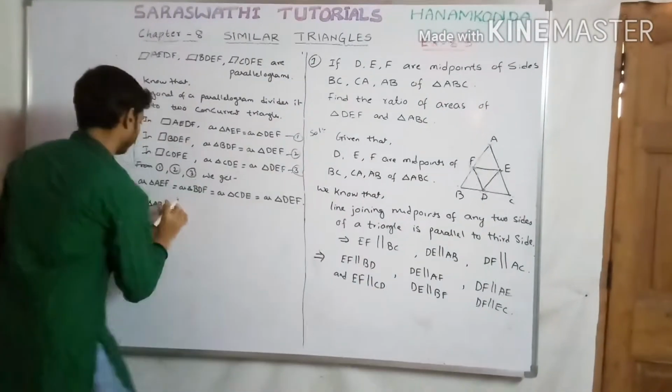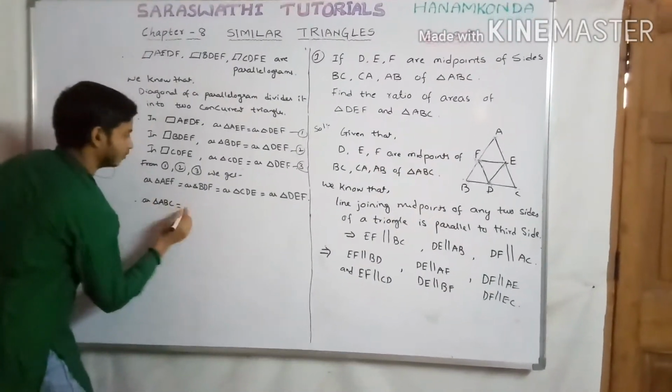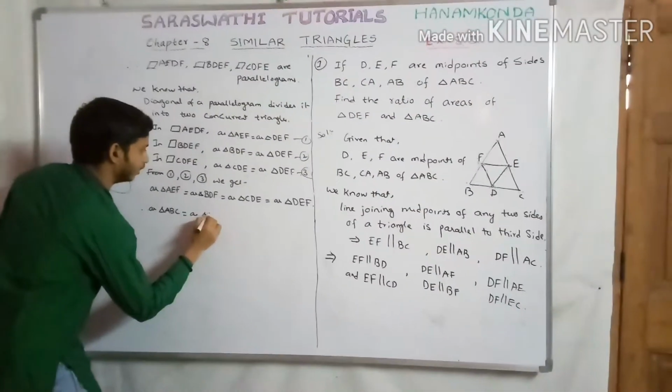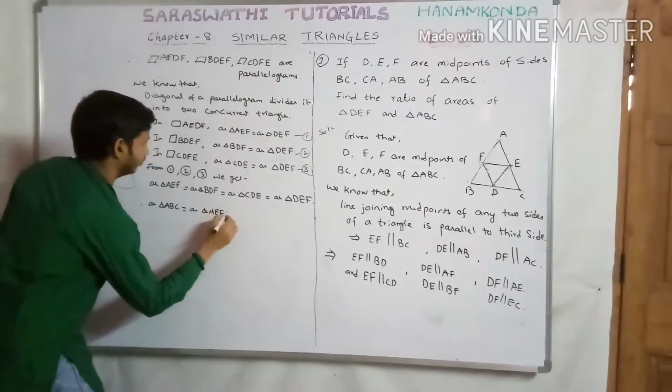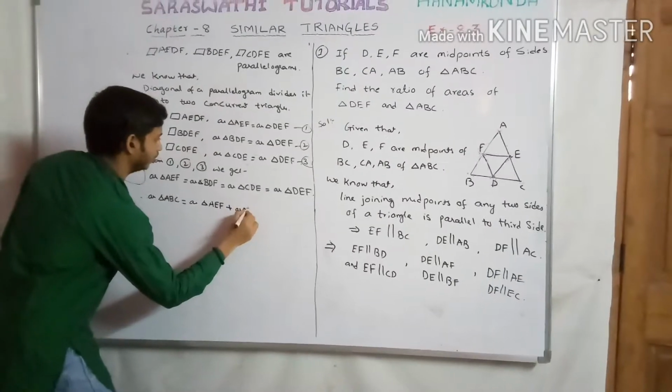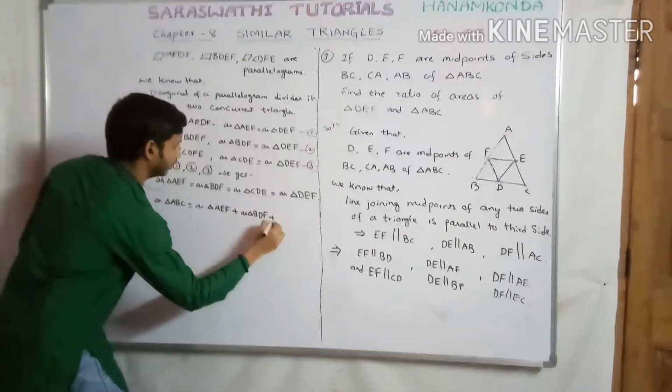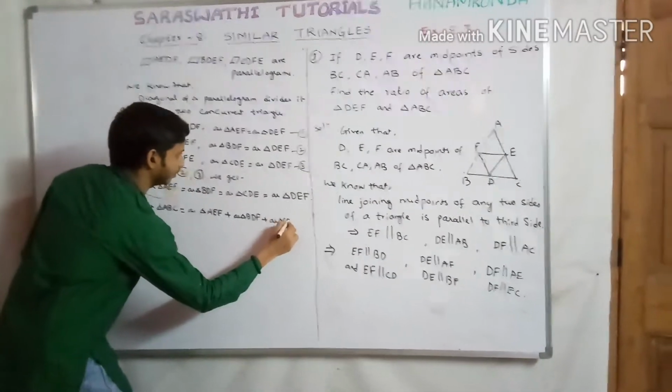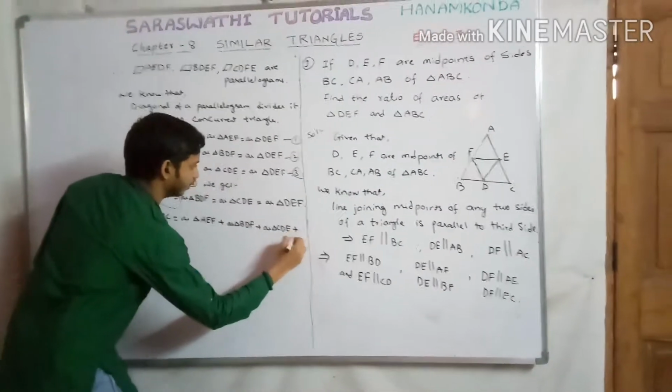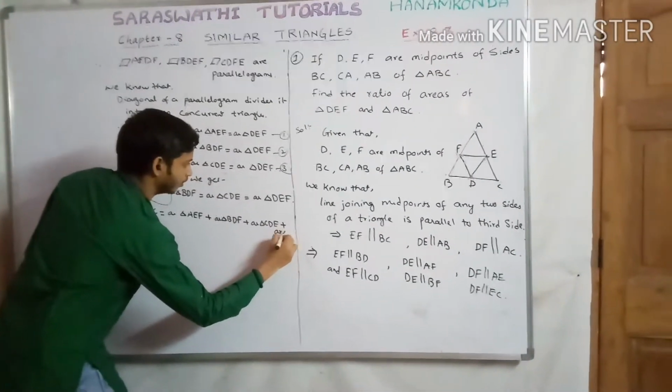So area of ABC equals area of triangle AEF plus area of triangle BDF plus area of triangle CDE plus area of triangle DEF.